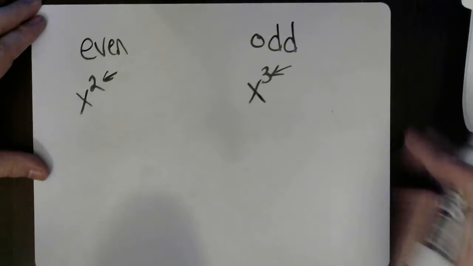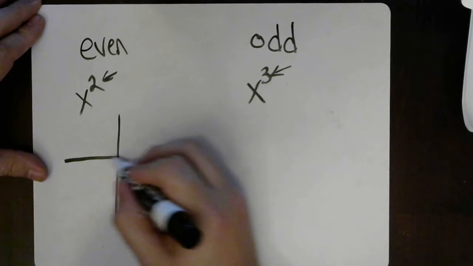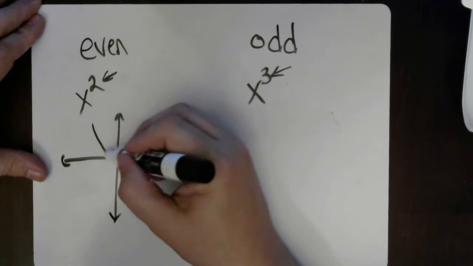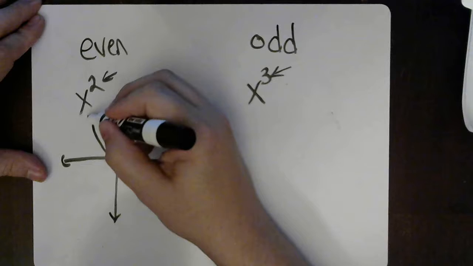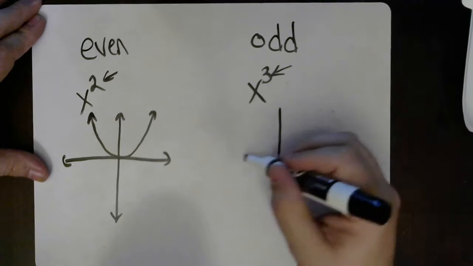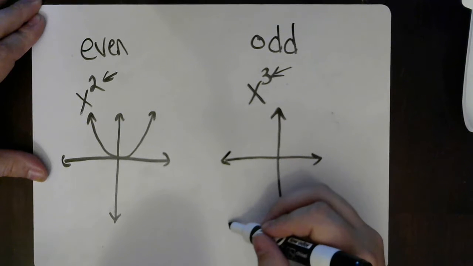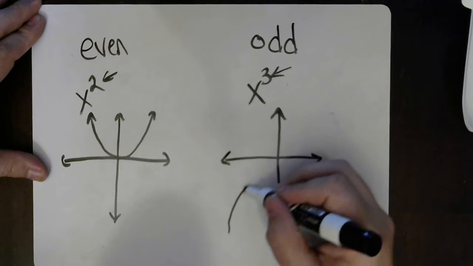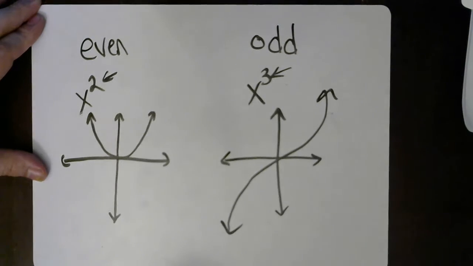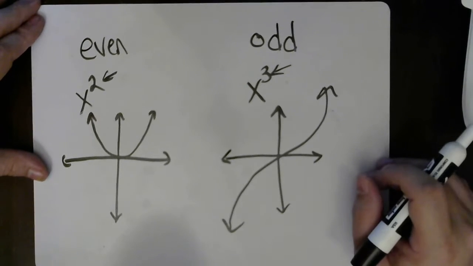Our x squared, if we were to put this in our general graph, would look something like a U. And then our x cubed would look something like this. It would go here, and then like so.